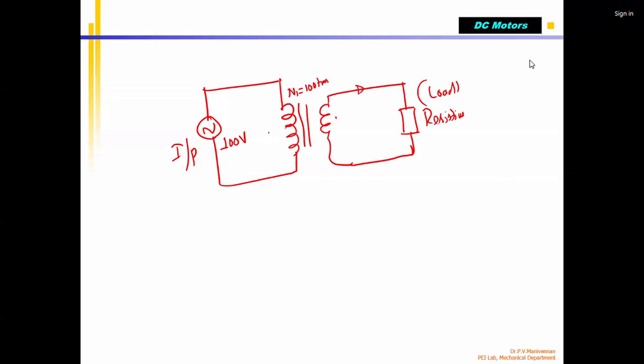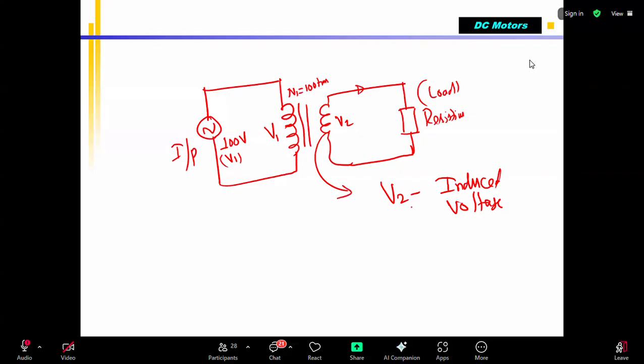I call this V1, supplied to the primary. V2 is called the induced voltage. V2 is proportional to TR multiplied by V1, in fact equal, where TR is the transformer ratio. Already we know that. How does it happen?